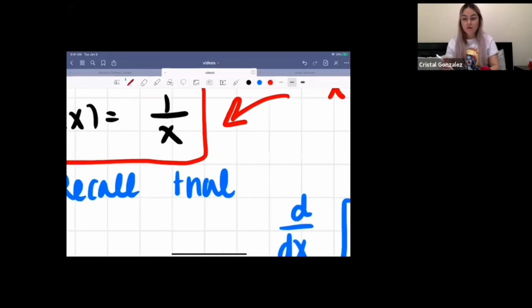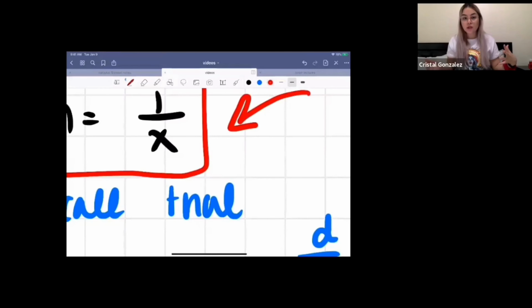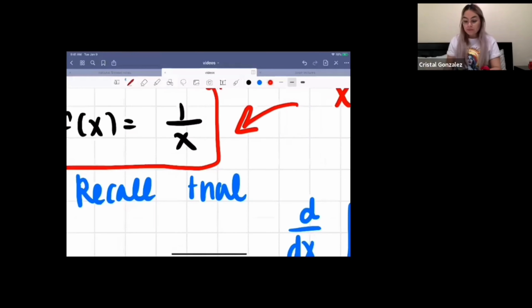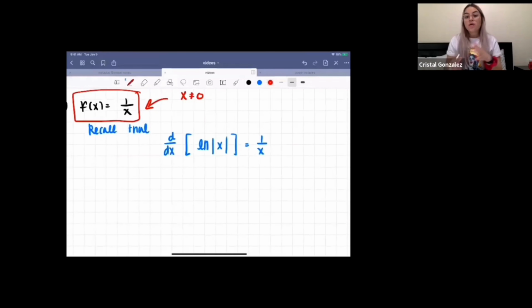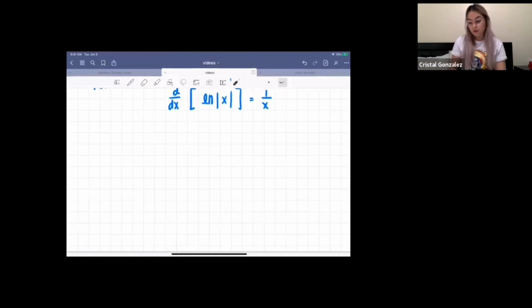Because 1 over x could be negative, sure, yeah, it can. But we know that the ln function doesn't take negative values. So we have to specify that we're doing the absolute value here, because our ln function can't take on negative values, but 1 over x can take on negative values. So you have to specify those absolute value bars. They're super important for you to specify.